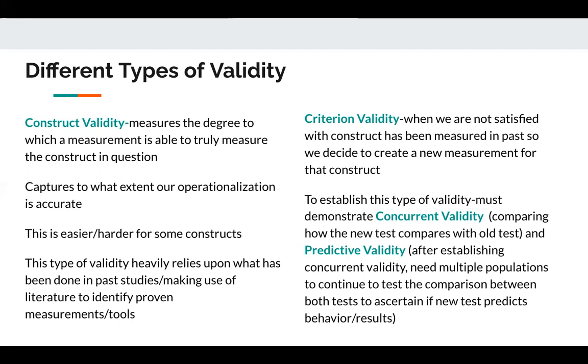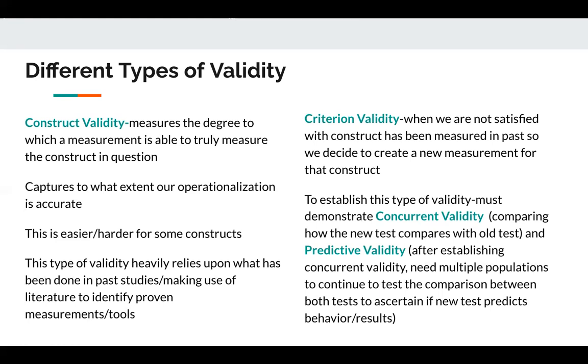So, how do you do this? How do you establish this type of validity? Well, you have to demonstrate two other types of validity in order to then say that you have criterion validity. First, you have to demonstrate concurrent validity. So this means that after creating your new measure, your new test, you compare it with the old test, right? So, I might say, okay, this is how a person rated their happiness using this old happiness scale.